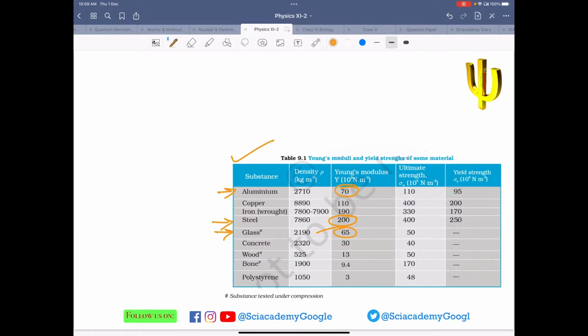Rubber can be stretched to multiple times its initial size, that is elastomers, but steel is actually more elastic because it has more restoring capability than rubber. That's why its Young's modulus is higher than the other materials in the given table.